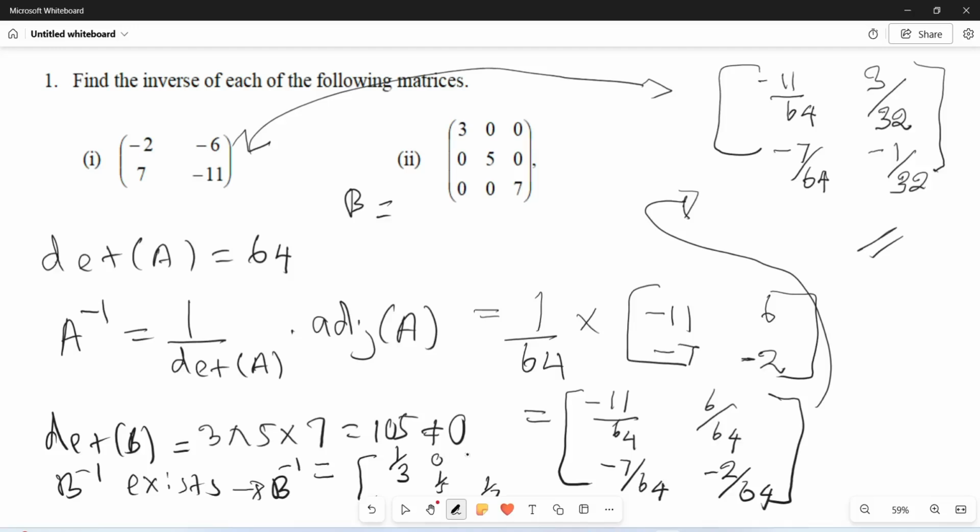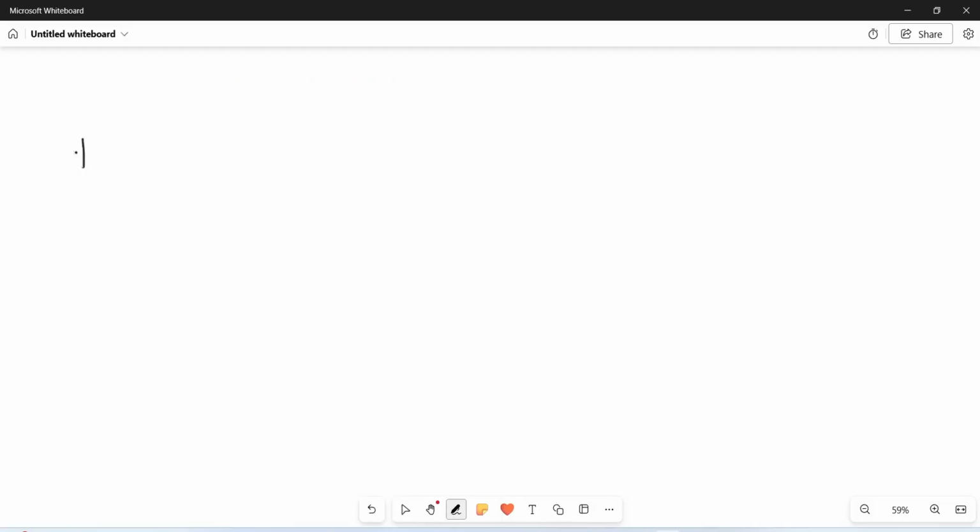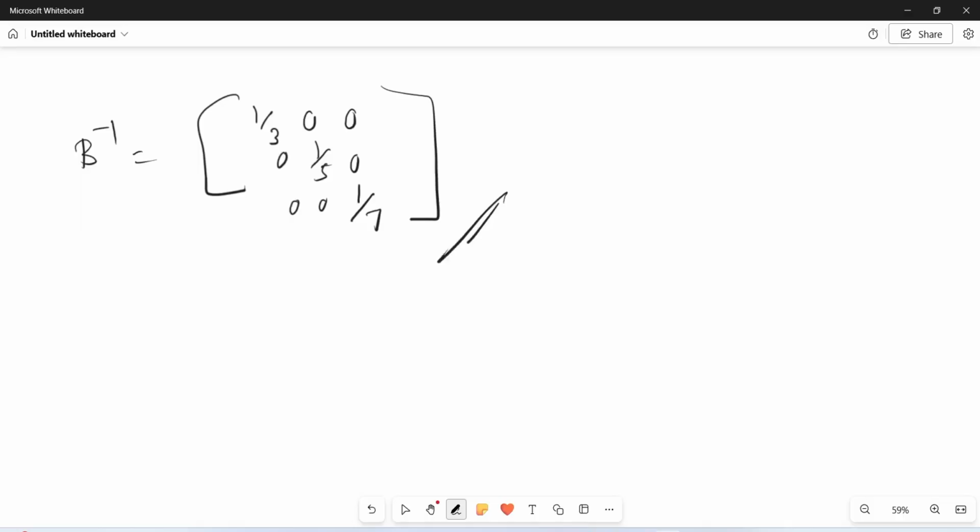All the others are 0, 0, 0, 0, and here also 0. 3, 5, 7. So B inverse equals 1/3, and here 0, 0, here 0, this is 1/5, 0, 0, 0, this is 1/7. This is the last answer.